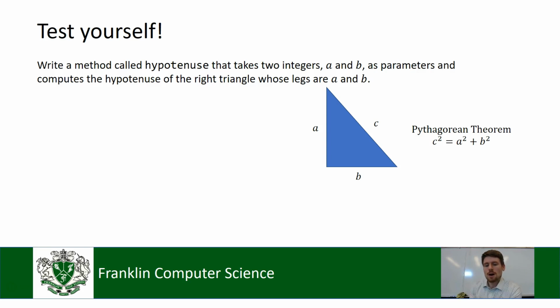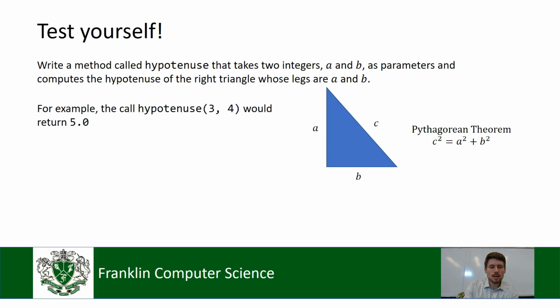To find the hypotenuse, you've got to square both of the legs, add them together, and then take the square root to get the c. So go ahead and try out writing this method, hypotenuse. You're going to have int a and int b as your two parameters, and your return type should be a double because the answer at the end requires taking a square root, so you'll have a double as the answer.